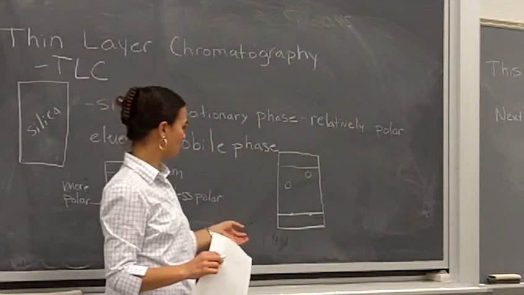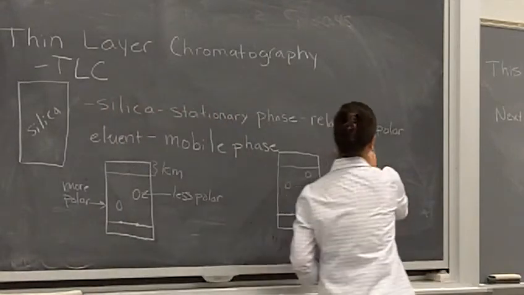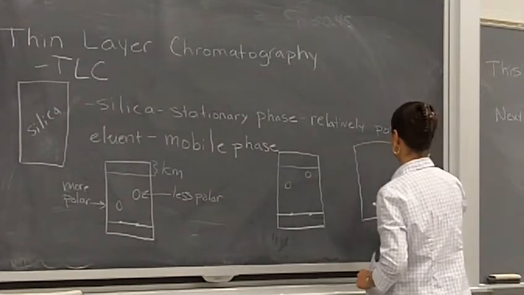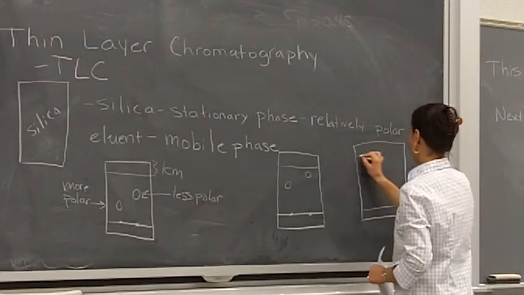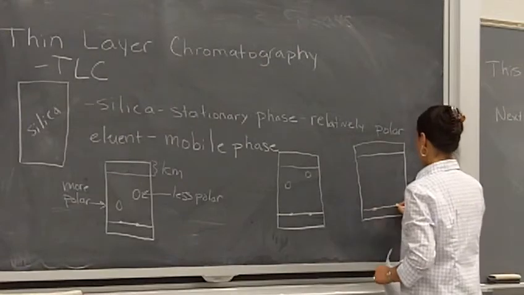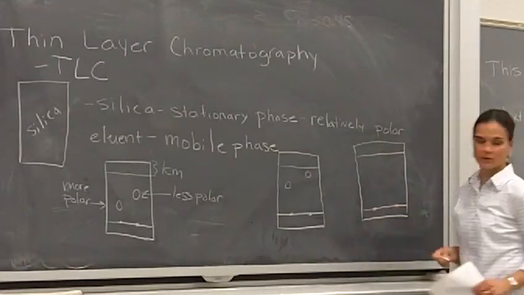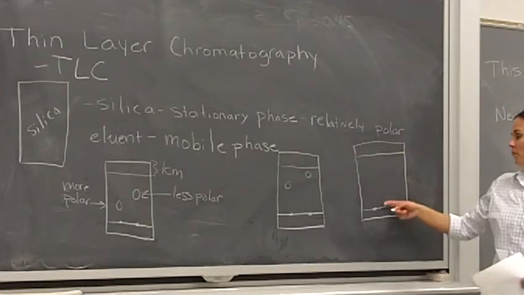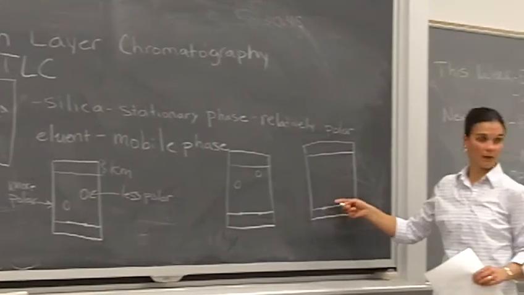All right. So now let's say we decided we want things to be less polar. So now, between here and here, we used a less polar system. What would happen to our spots on the TLC plate? They would be lower down on the plate, right?